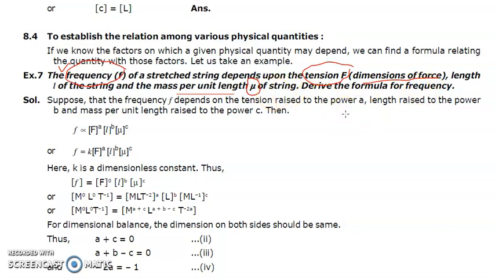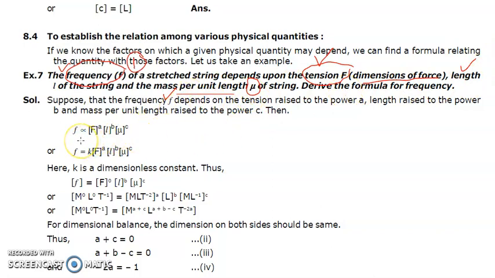Now in this case, as I was telling you, you would be given a physical quantity, that is frequency, and that physical quantity would be dependent on, let's say, 2 or 3 quantities, which in this case are tension, length, and mass per unit length.